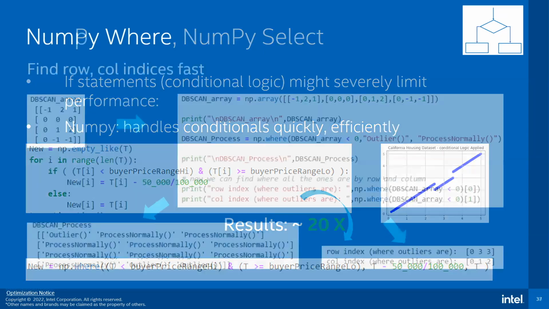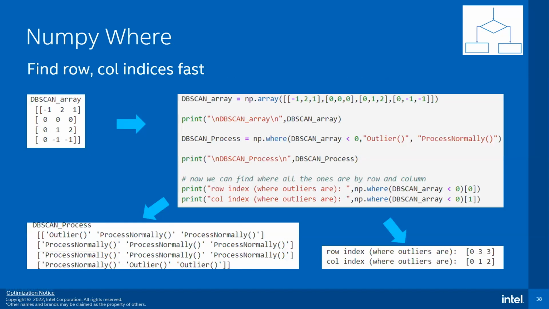So, here's just another example where in DBSCAN, for example, DBSCAN is used in data analysis for AI projects quite a bit. It's a very powerful clustering algorithm. The nice thing about DBSCAN is that when it finds a cluster, it'll say, oh, that belongs to cluster 0. Okay, great.